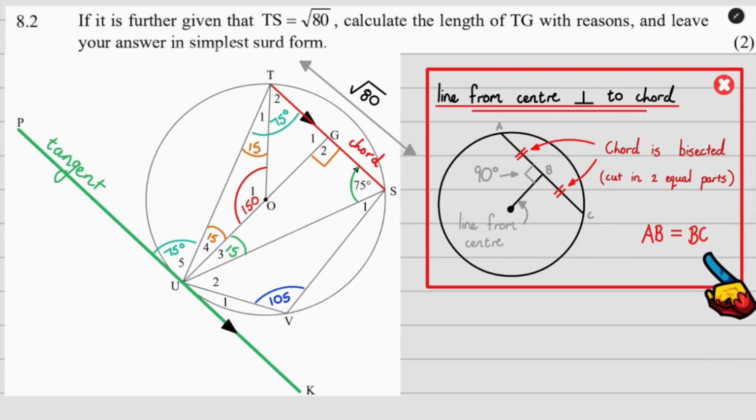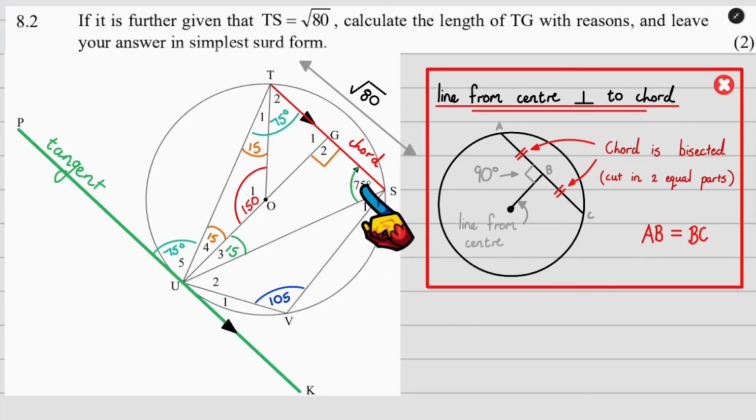Okay, so running through that theorem, if I have a line from the center over here, and it's at a 90-degree angle, aka perpendicular to a chord, it's going to cut that chord into two equal parts, and a short way of saying that is the chord is bisected. So the length AB is the same as the length BC.